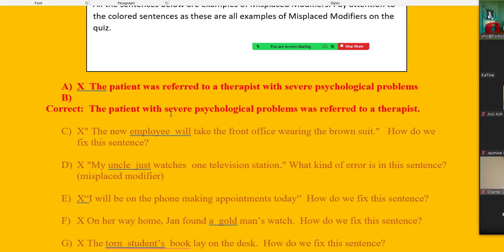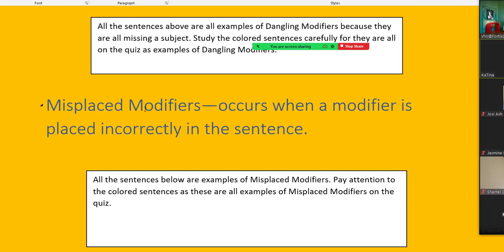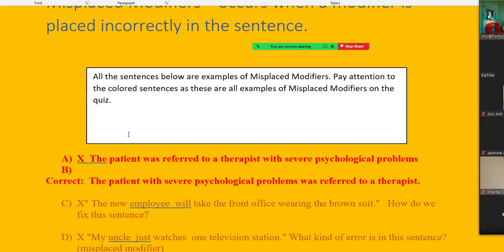The correct answer is: the patient with severe psychological problems was referred to a therapist. So if you have to move the words around in order for your sentence to make sense, that's known as a misplaced modifier, because the modifier is placed incorrectly in the sentence.